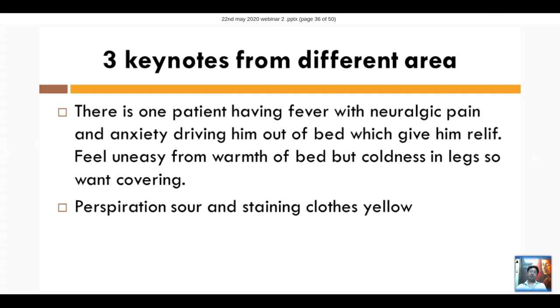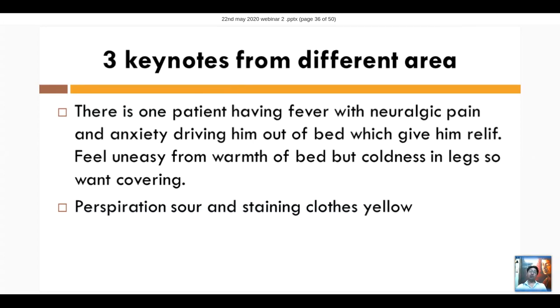Now we are having three keynotes which belong to different systems. For example, one in regard to perspiration, that is, perspiration sore and staining the clothes yellow. These symptoms are very, very important. Like in Chelidonium, there is one symptom, leucorrhea white, staining linen yellow.